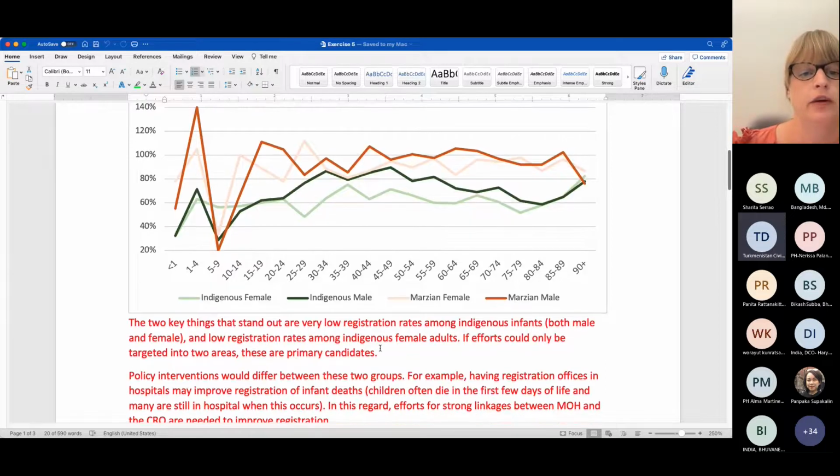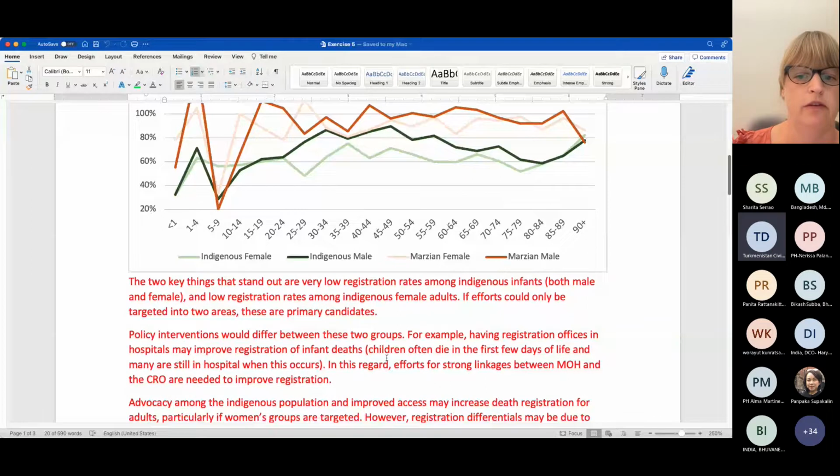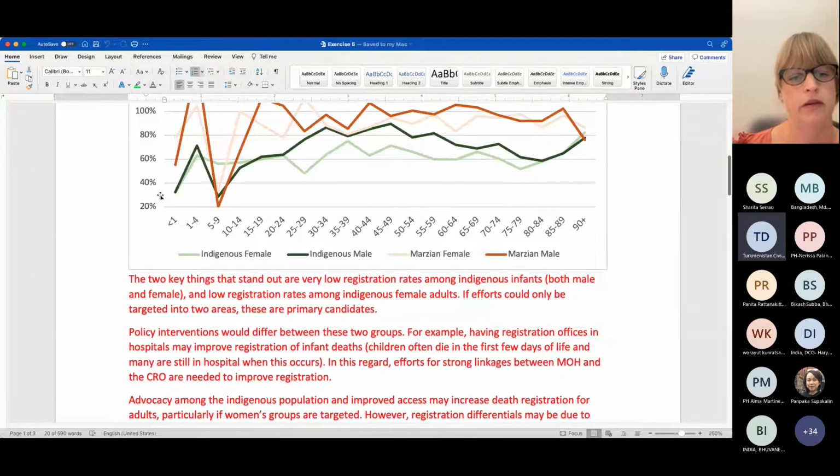So let's say that either we looked at the children or the infants, and then we looked at the females, but they might have different policy implications. As we mentioned with the infants, often infant deaths occur in the first few days of life. They're skewed in that direction. They could occur anytime in the first year, but if you looked at a graph of what day and time infant children died, a lot of them are shifted towards the birth period.